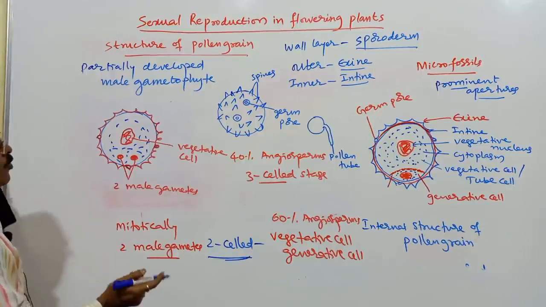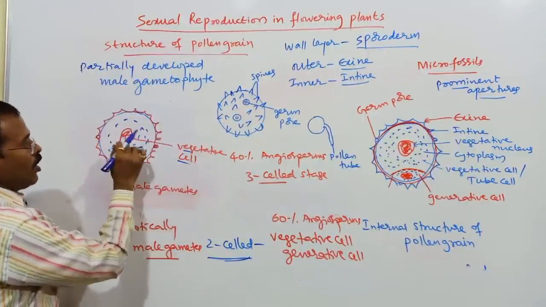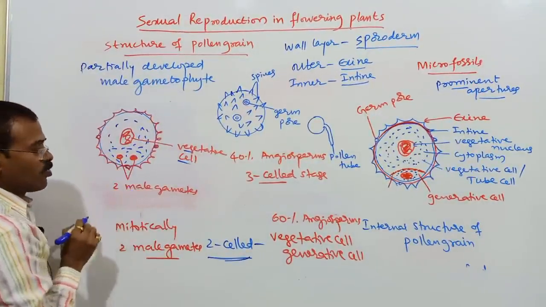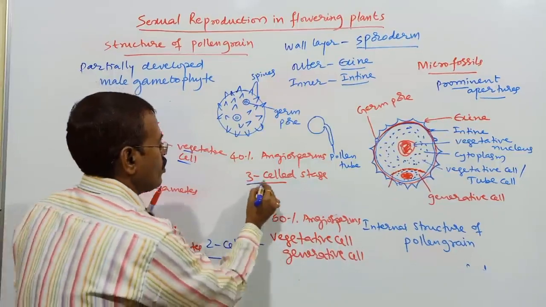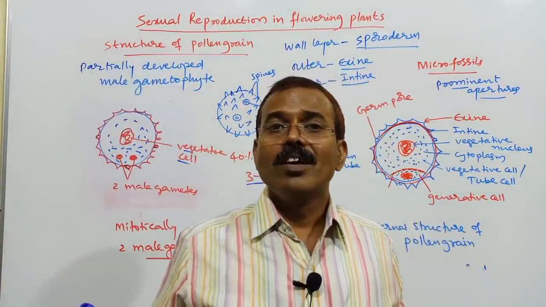See here, three-cell stage contains a larger vegetative cell and two male gametes. This is called three-cell stage, in 40% of the angiosperms which are shed in three-cell stage.